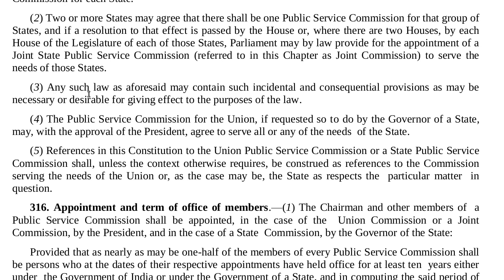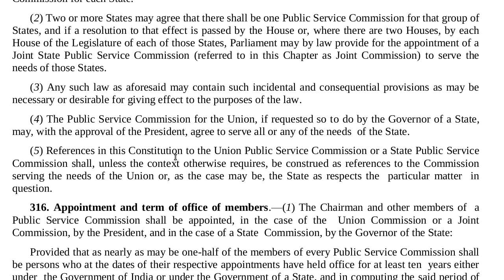3. Any such law as aforesaid may contain such incidental and consequential provisions as may be necessary or desirable for giving effect to the purposes of the law. 4. The Public Service Commission for the Union, if requested so to do by the Governor of a state, may, with the approval of the President, agree to serve all or any of the needs of the state. 5.